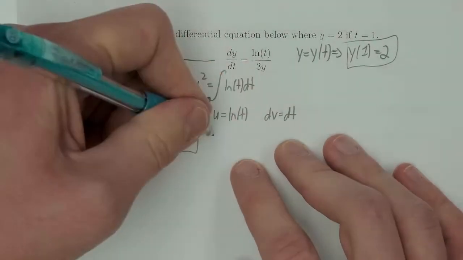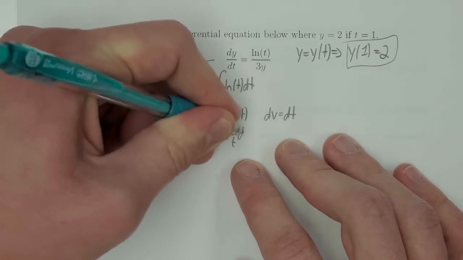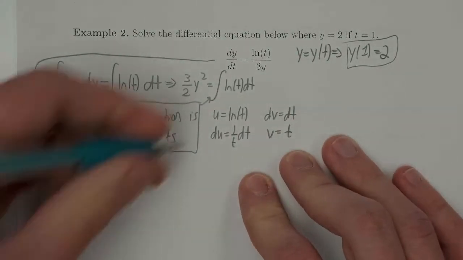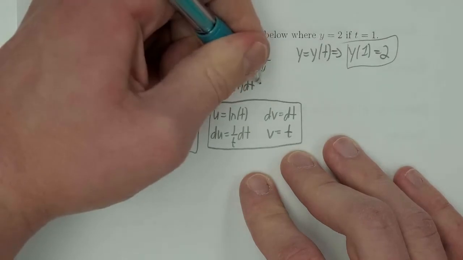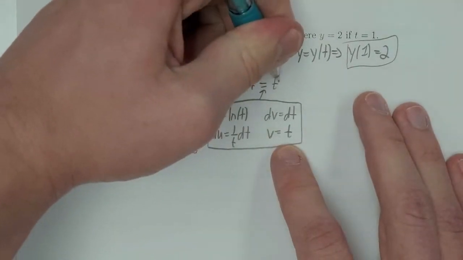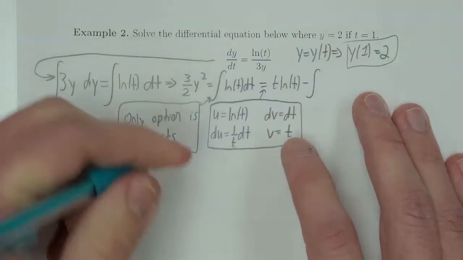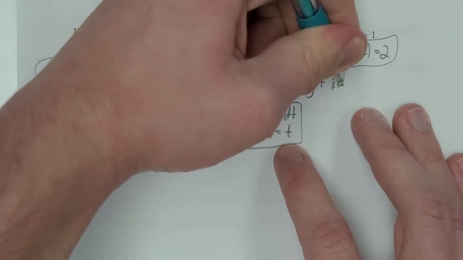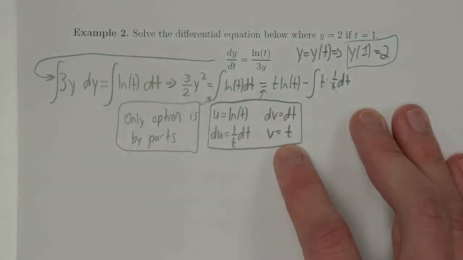So you should be able to see pretty quickly that du is just 1 over t dt, and v is just t, right? So if we do that, we have u times v, which is t times natural log of t, minus the integral of v du, so t times 1 over t dt. The nice thing is these t's cancel each other out.